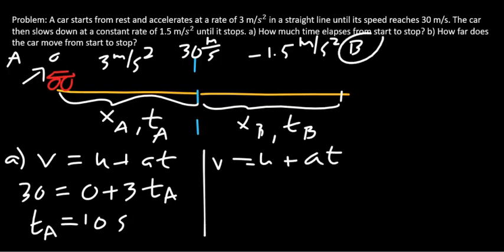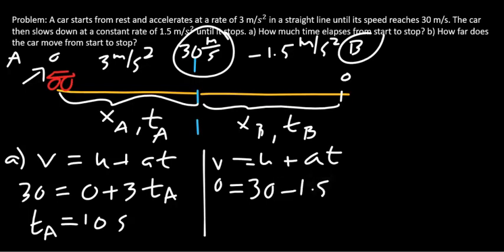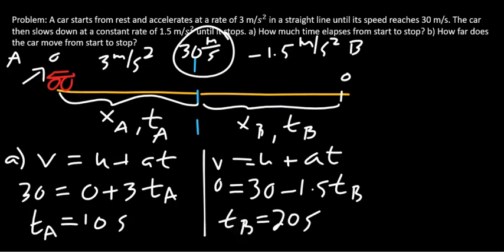In this case, the final speed is 0 because it comes to a complete rest, so 0 equals 30, u is the final speed for region A, plus the acceleration, minus 1.5, times tB. You can solve for tB and you get 20 seconds. So the total time is 10 plus 20. So the answer for part A is 30 seconds.